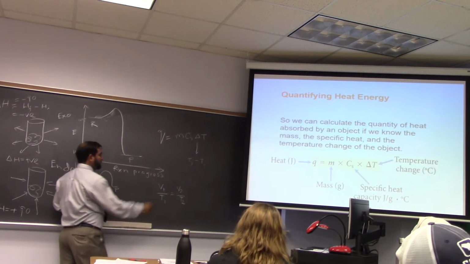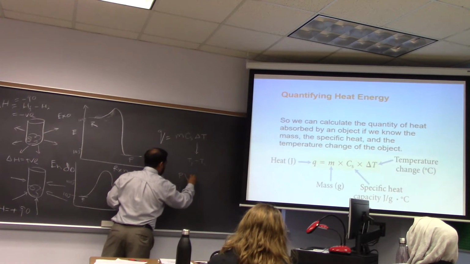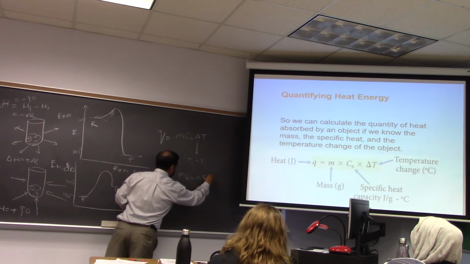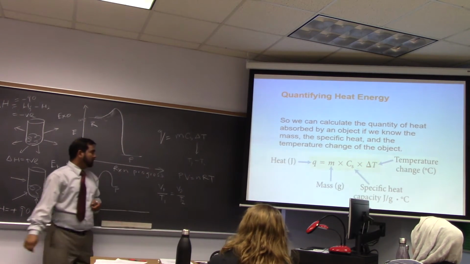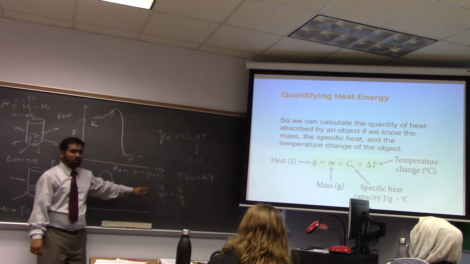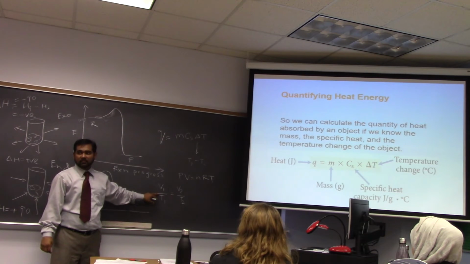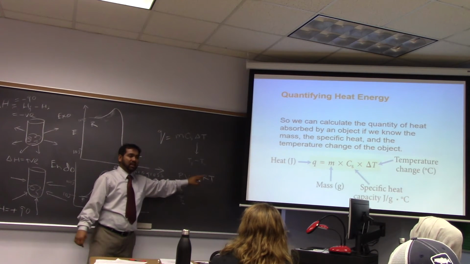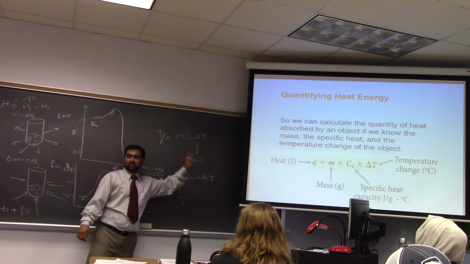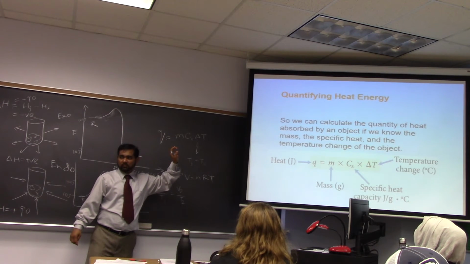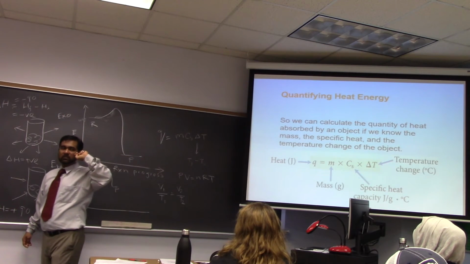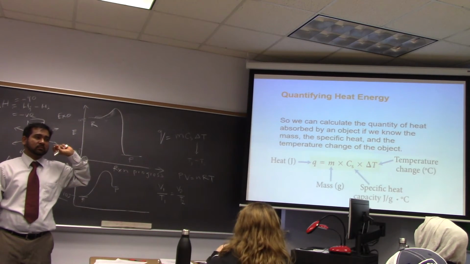We are very careful with it. One more formula we did, PV equal to nRT. Tell me, in which formula did I say that you dare not change temperature to anything except Kelvin? PV equal to nRT. Why did I say that?